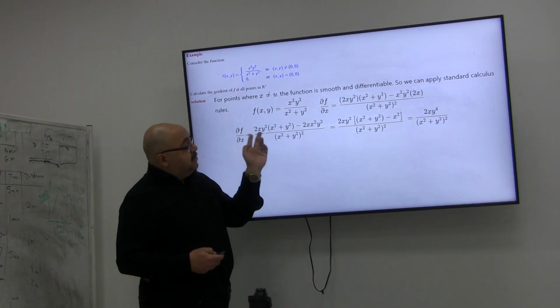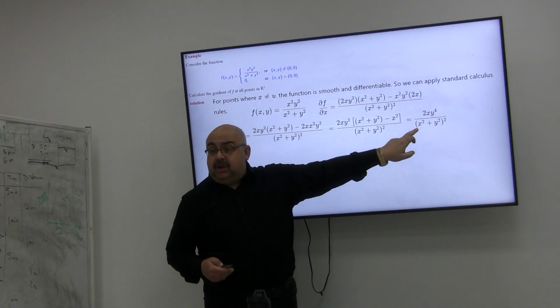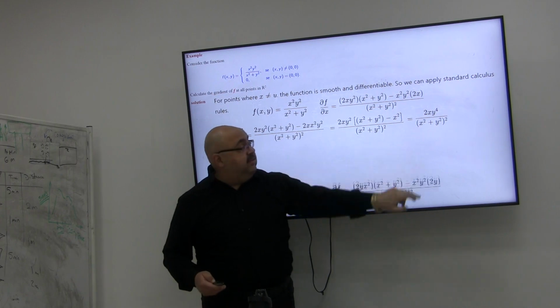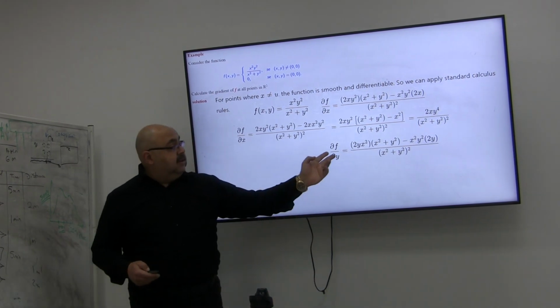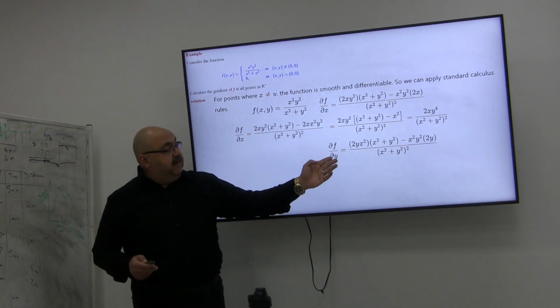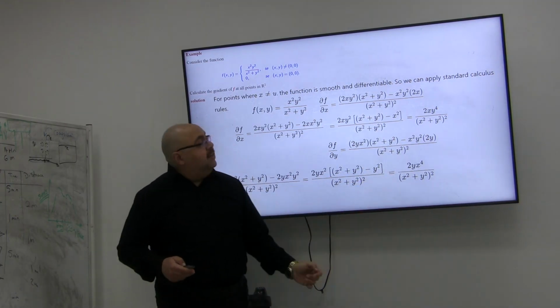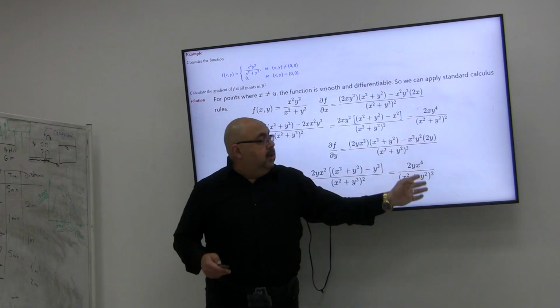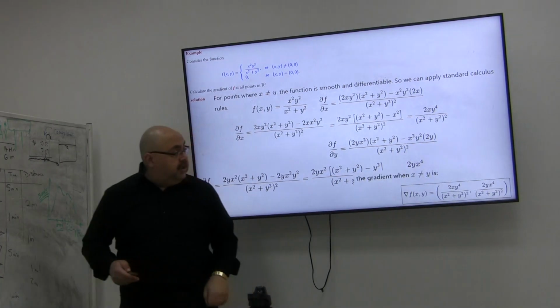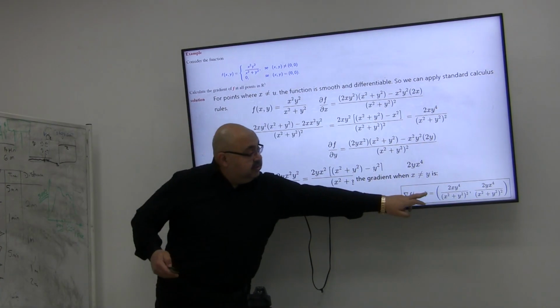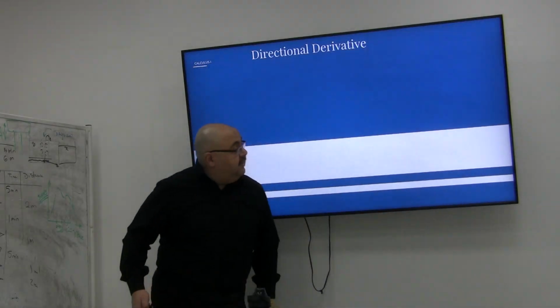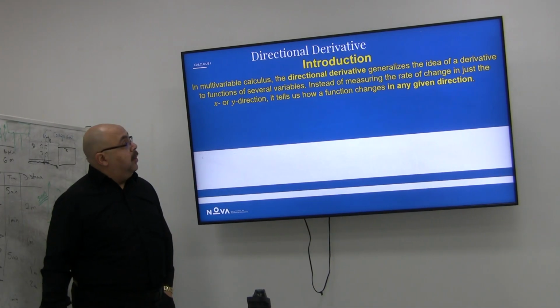With respect to x, I simplify it as much as possible, and the derivative of the second part, partial f partial y, is also simplified as much as possible. And in this case, the gradient vector will be these two both together. That's the derivative with respect to x, and that's the derivative with respect to y.